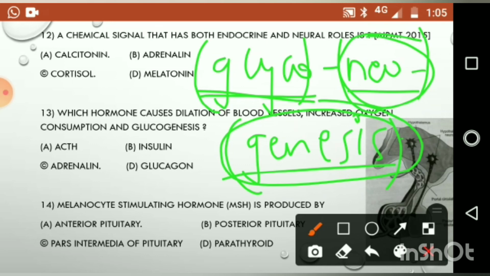So gluconeogenesis is the process in which new glycogen is produced from substances like fats and protein. Break the word, understand it, and then learn it.